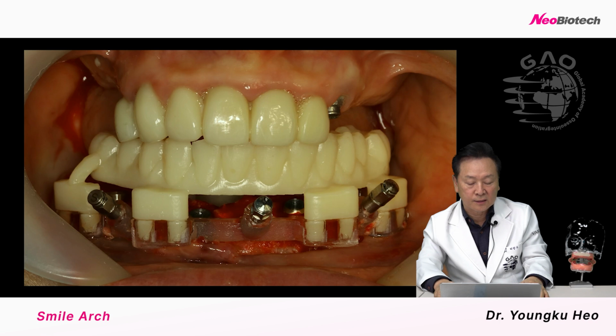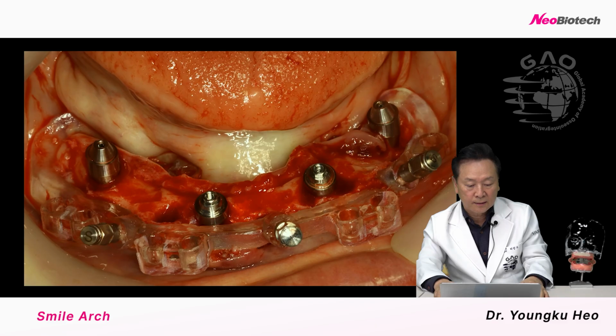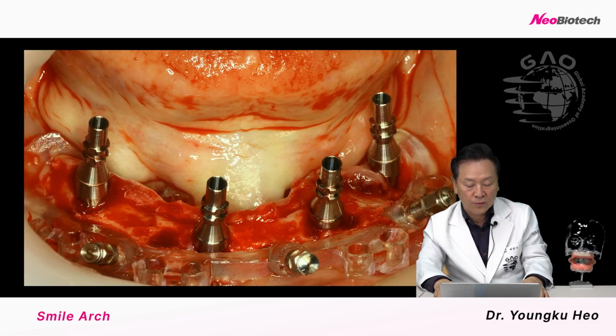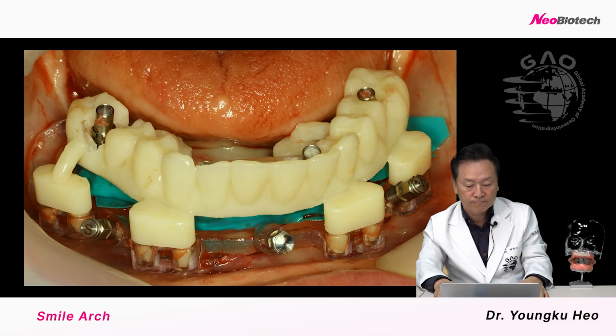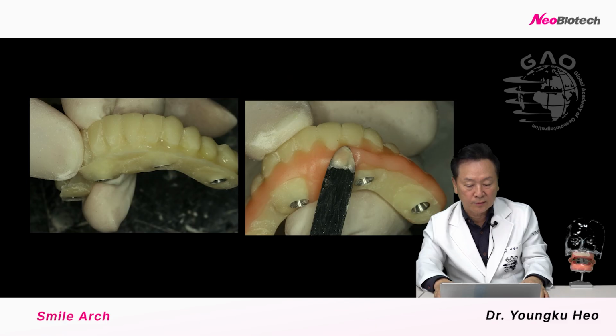Okay, we align this provisional restoration on top of the stackable guide. This is the angled and the straight MUA. This is ready for relining this provisional restoration. Everybody knows this technique.